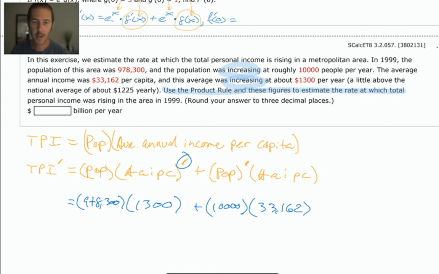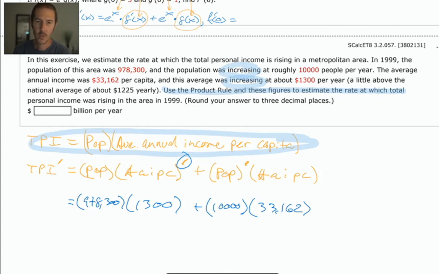Combining that and connecting it with the product rule in this very rough way that I sketched out the derivative of the relationship between population and average annual income per capita, and realizing that I had to create this original equation in order to use the product rule and take the derivative of it in a very symbolic way before I started plugging in numbers.